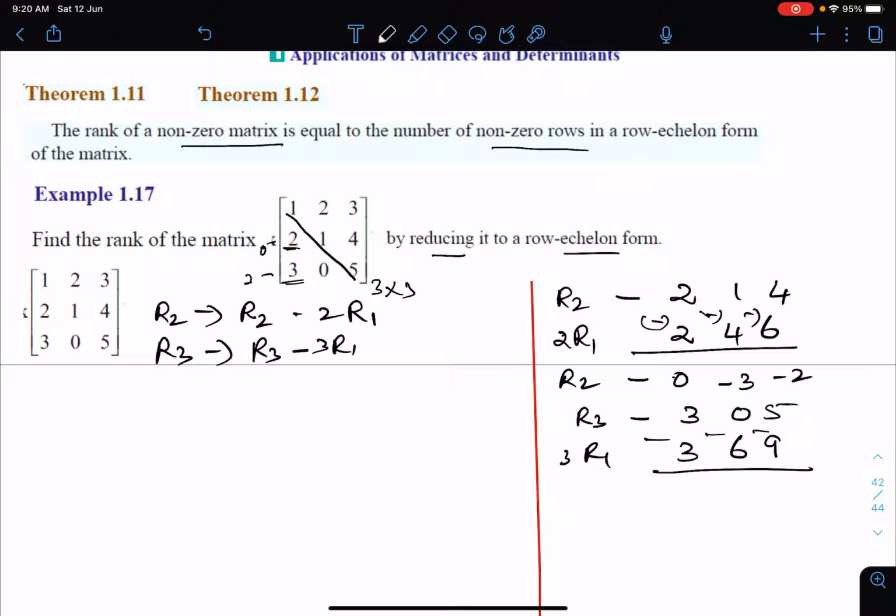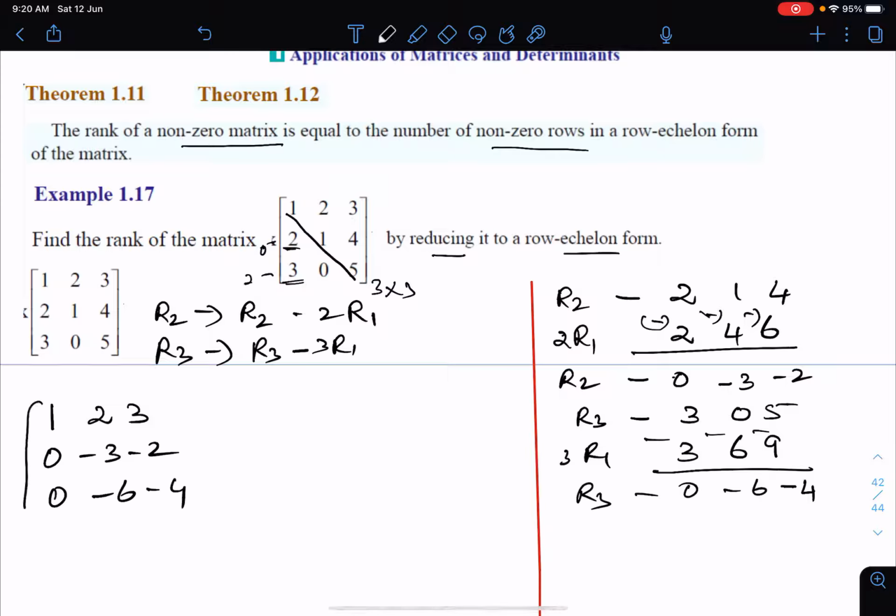You are going to get 0, minus 6 and minus 4. So now we replace it here. Your first row is going to be the same, our second row is 0, minus 3, minus 2, and our R3 is 0, minus 6, minus 4. So we have got this matrix.